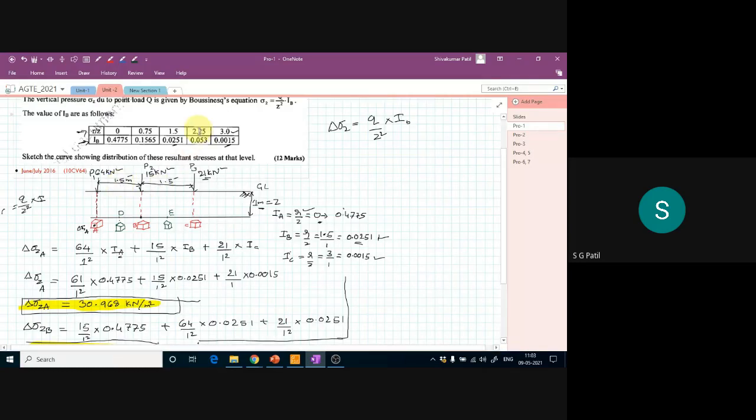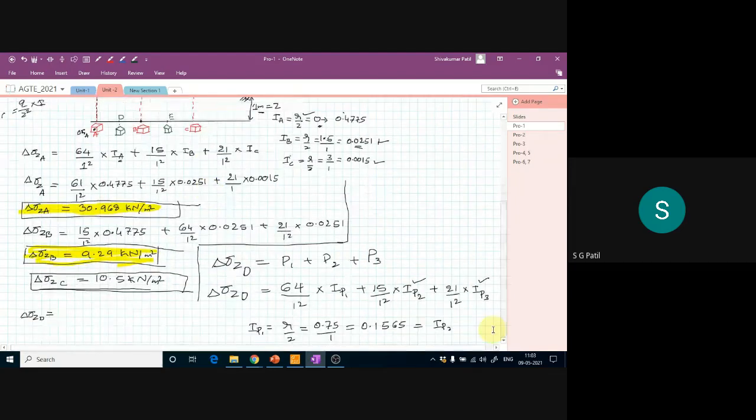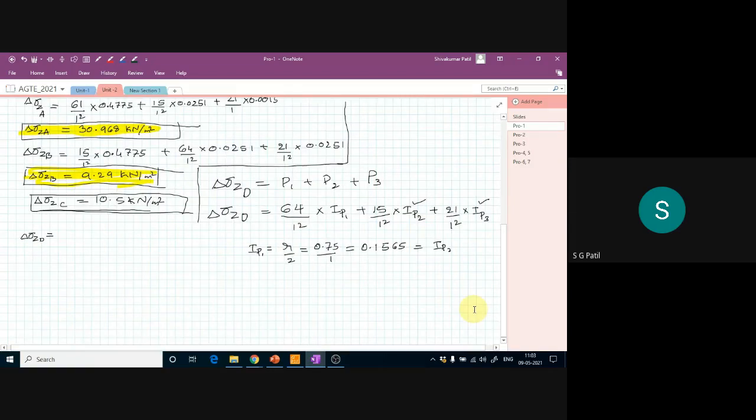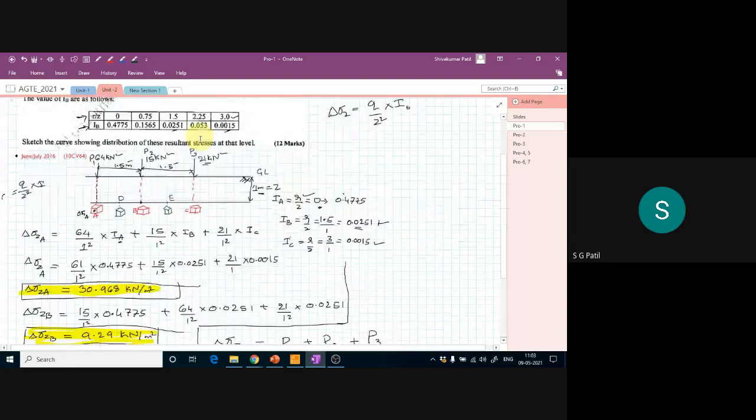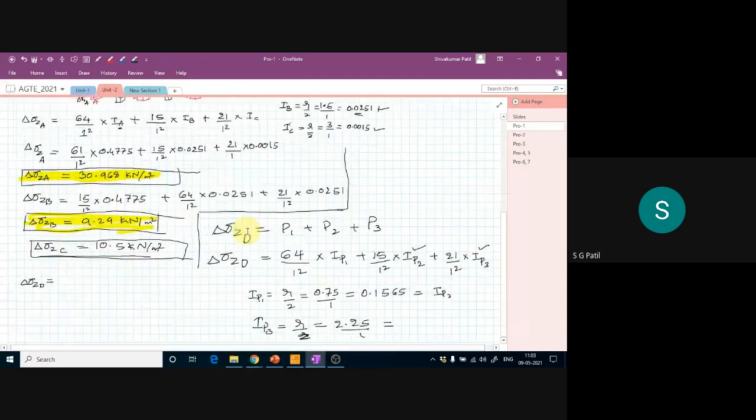For that 2.25, the influence factor is 0.053.